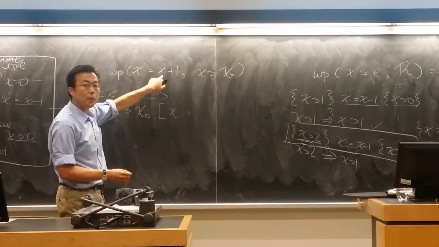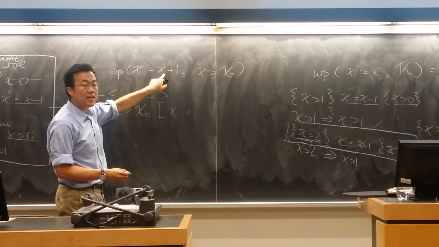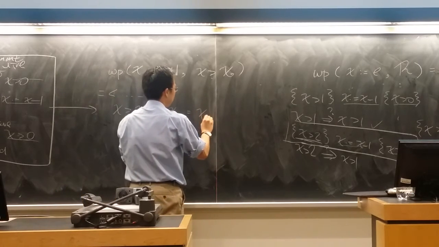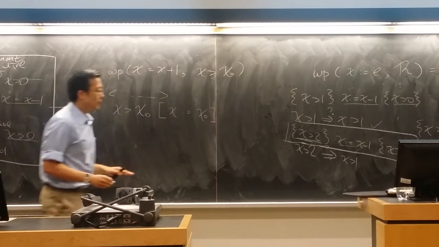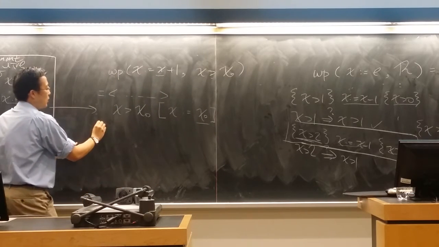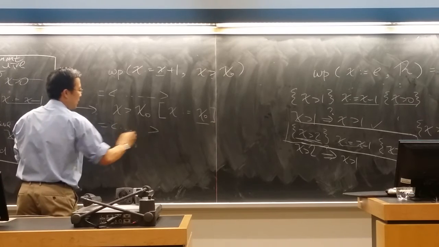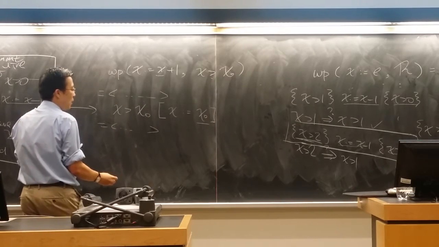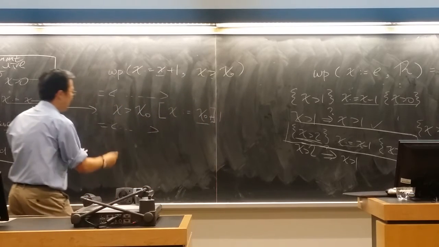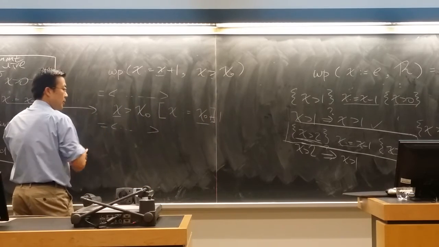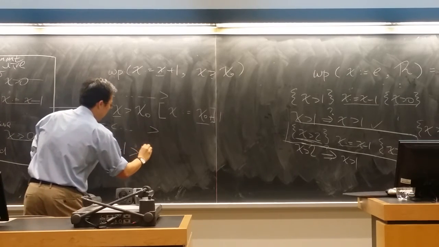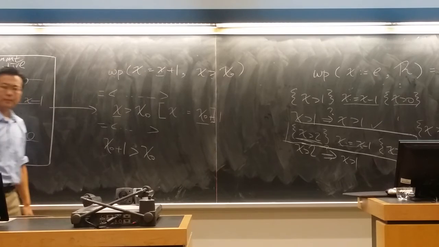Although in the programming statement we say x, that's indeed the initial value for x. That's a trick you have to learn. So we substitute x by x0 plus 1, giving x0 plus 1 greater than x0.